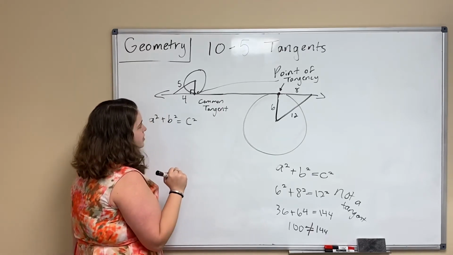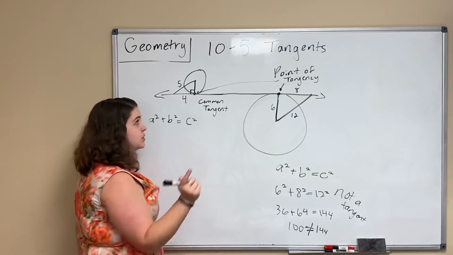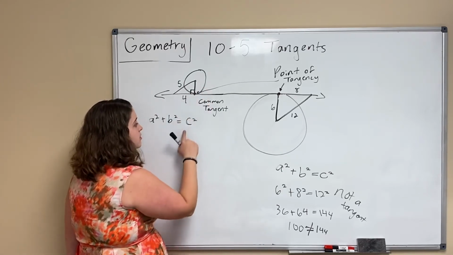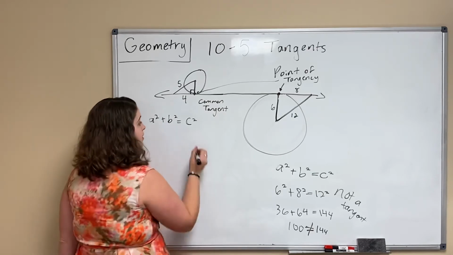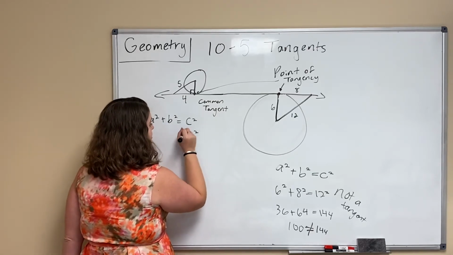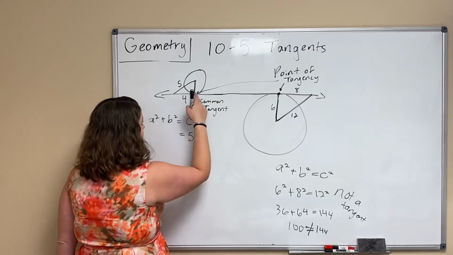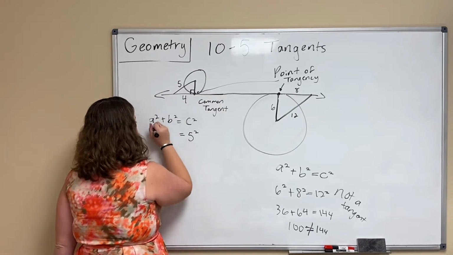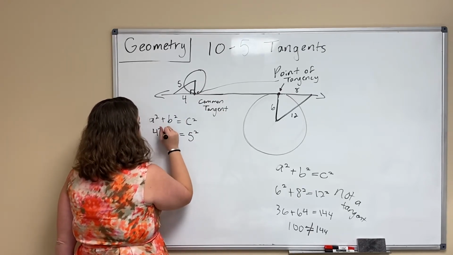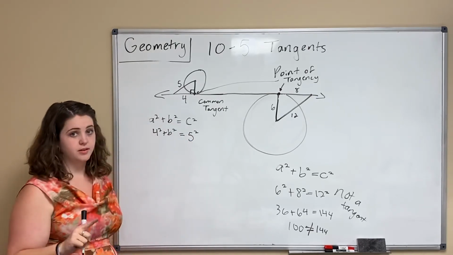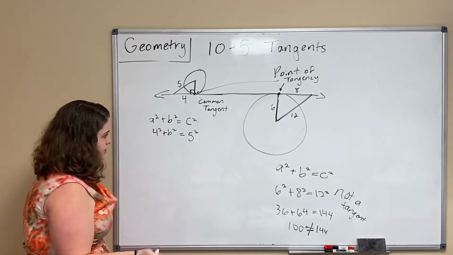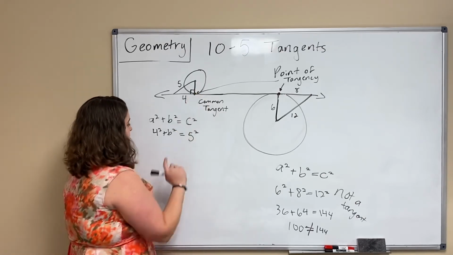Now the important thing that we need to be able to figure out here is which one of these is a, b, and c. Remember, c is always the hypotenuse of your triangle, the longest side. So that's 5. A and b are more interchangeable, so we're going to have 4 squared plus b squared equals 5 squared. So now I just solve for b, and that'll be my missing side.